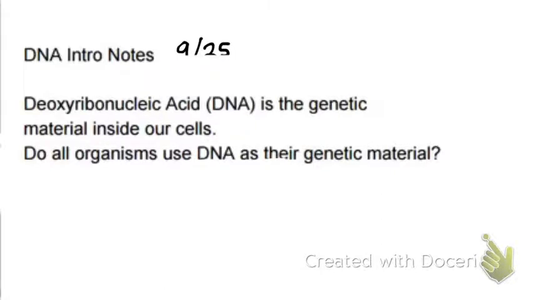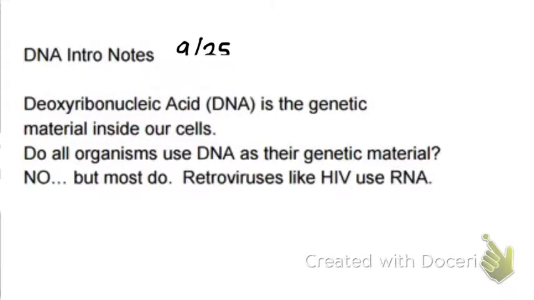Do all organisms use DNA as their genetic material? Most people think that they do. However, there are organisms that use RNA as their main source of genetic material. Retroviruses, which is how you classify HIV, use RNA as their genetic material.